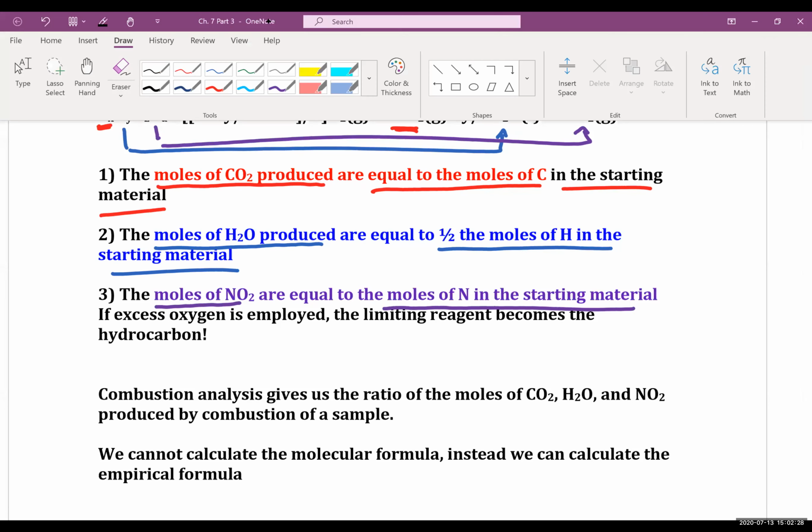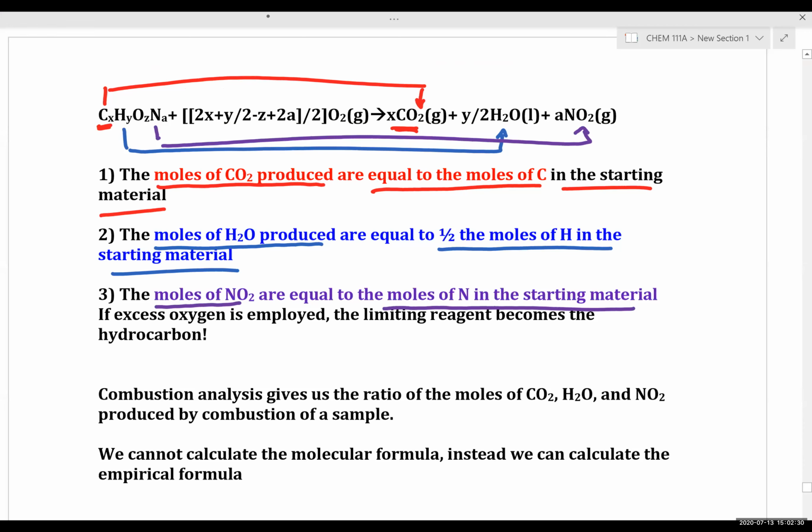Now, since excess oxygen is employed, our limiting reagent is the hydrocarbon. So all of our carbon dioxide, all of our water, all of our nitrogen dioxide comes from the carbon, hydrogen, and nitrogen in our sample.